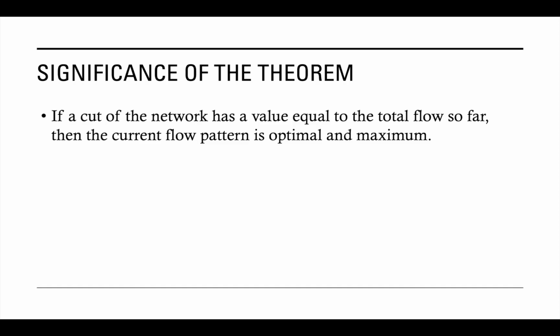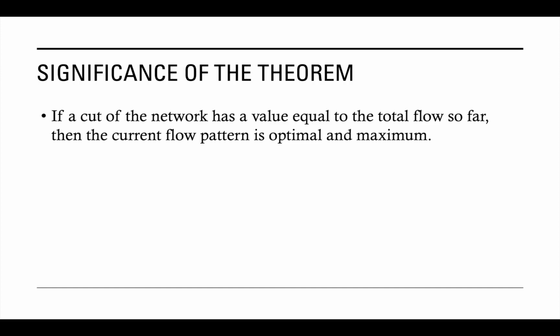So what's the significance of the theorem? If a cut of the network has a value equal to the total flow so far, then we can be sure that the current total flow is optimal and maximum. So for example, in the example that we just did a while ago, the total flow right now was 15.